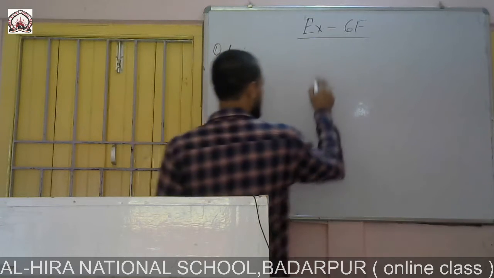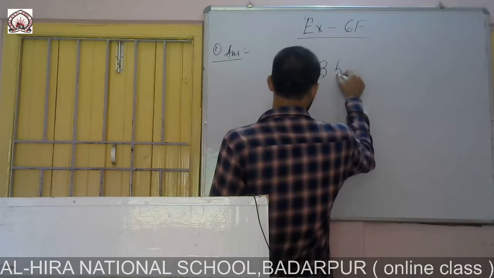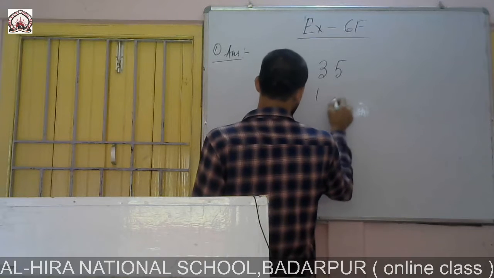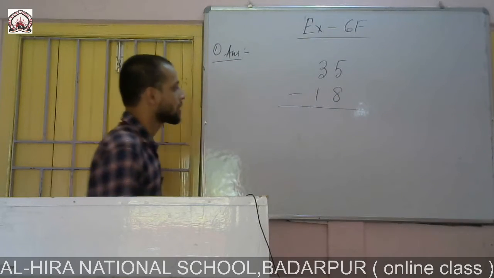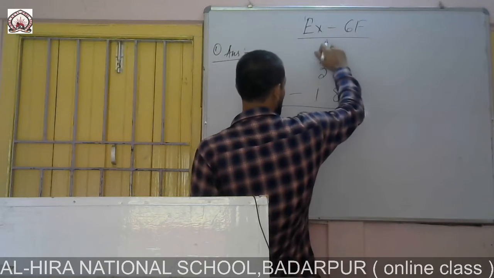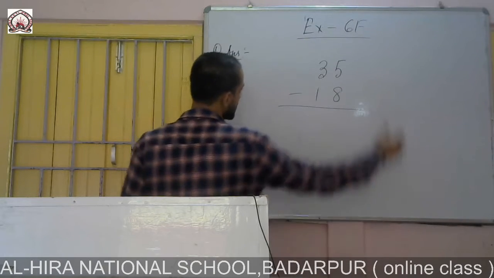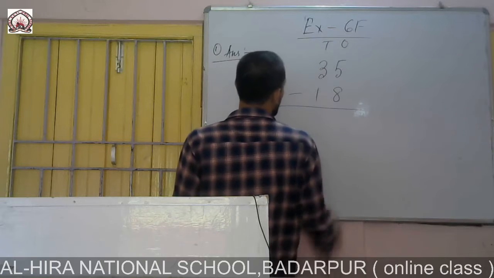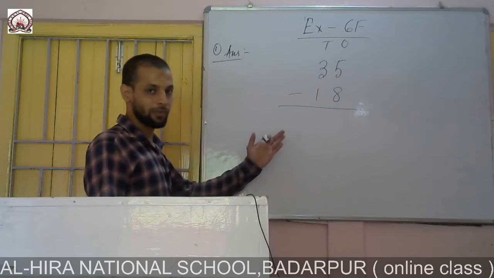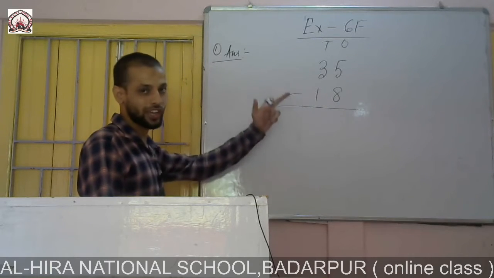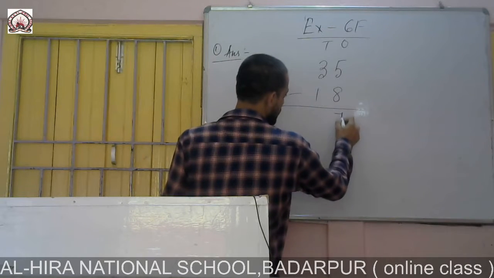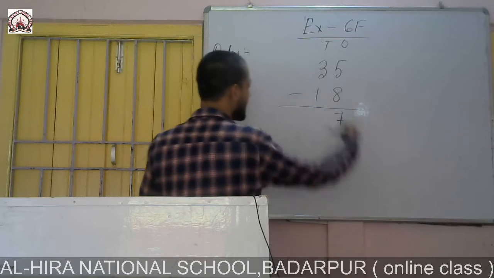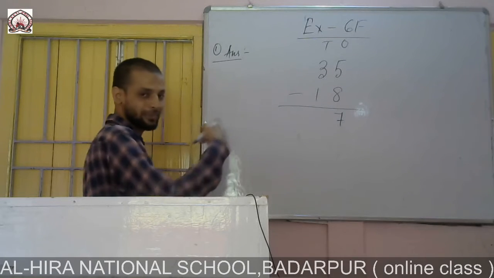So here we will write 35 minus 18. This is the ones place and this is the tens place. We cannot subtract 8 from 5. In this case we have to carry 1. So if we carry 1, then we will get 15. 15 minus 8 equals to 7. In the tens place we will get 2.